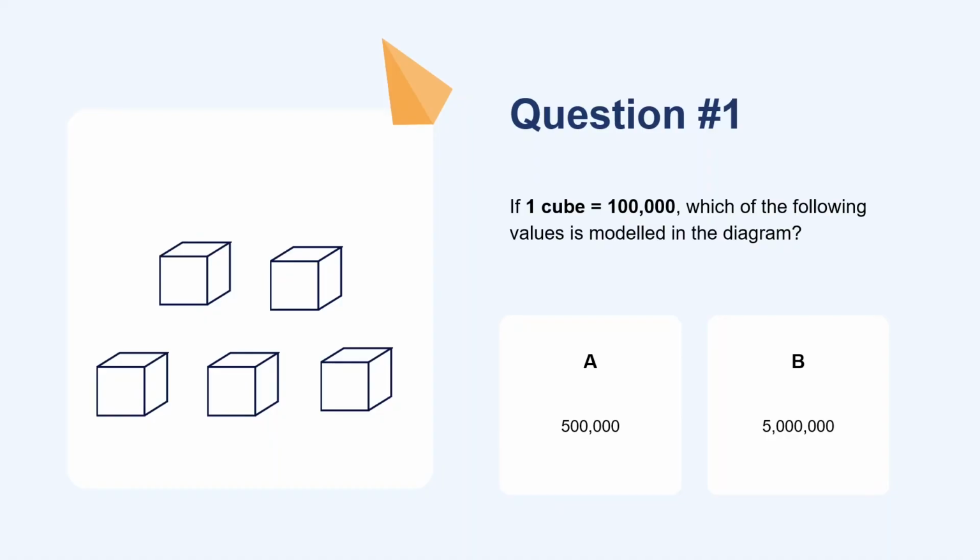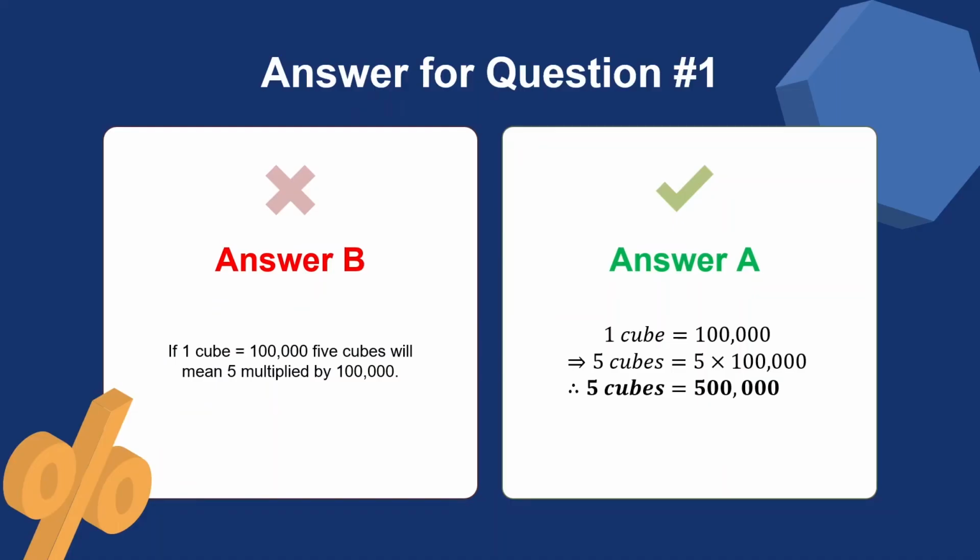So one cube being 100,000, it means I have 5 times 100,000. And 5 times 100,000 is 500,000, as seen in the option A.